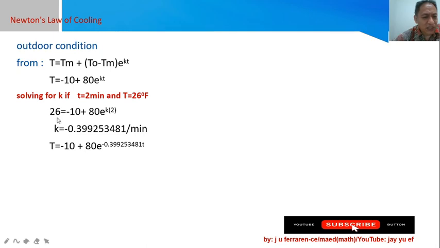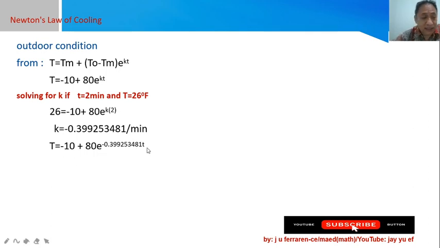This equation will arrive at a value of K. You can calculate this directly with your calculator, or simplify before arriving at the value of K. So my equation for the thermometer reading is now complete, with the calculated K.